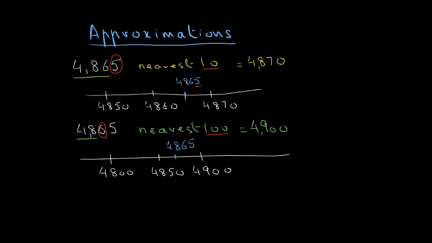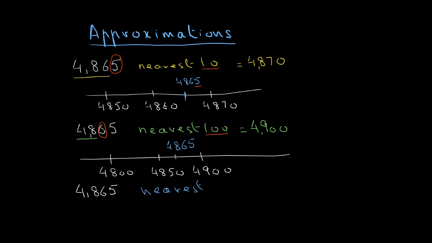Now I could do the same thing if I want to approximate 4865 to the nearest 1000. Maybe I should do it on the next page.